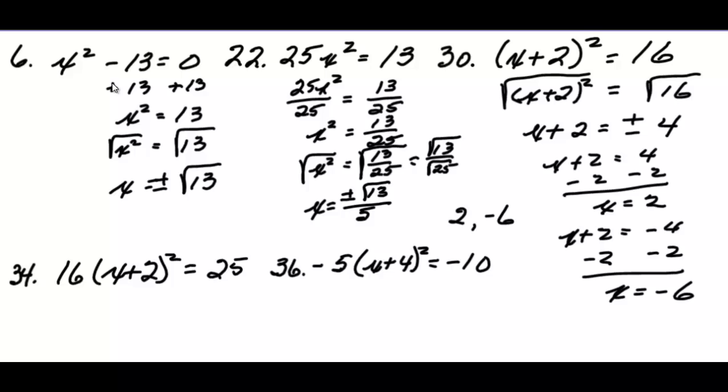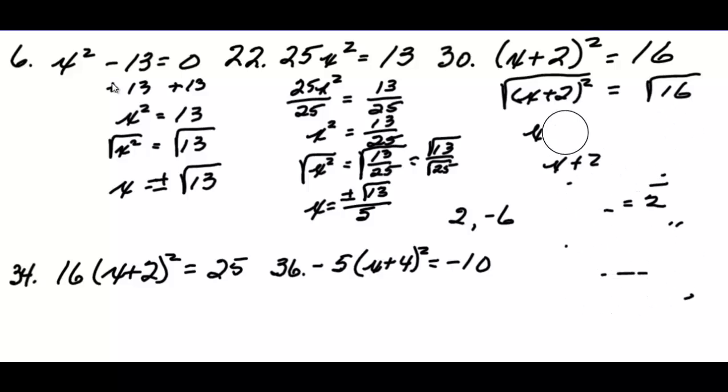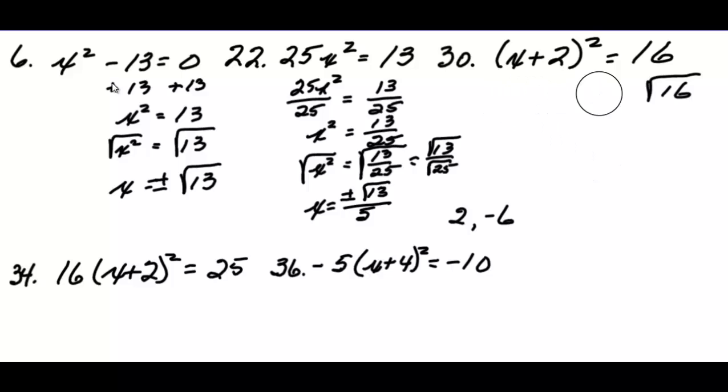I picked number 30 for another reason. I want to go ahead and do this problem again. I'm not suggesting you do it this way, but let's go ahead and take a look at this. If, in fact, what we did was we squared that term on the left, what we would get is x squared plus 4x plus 4 equals 16.